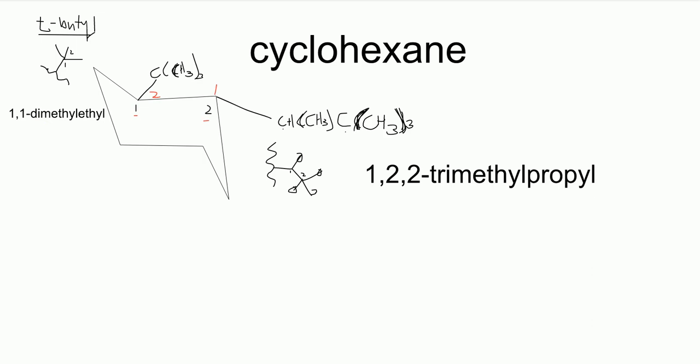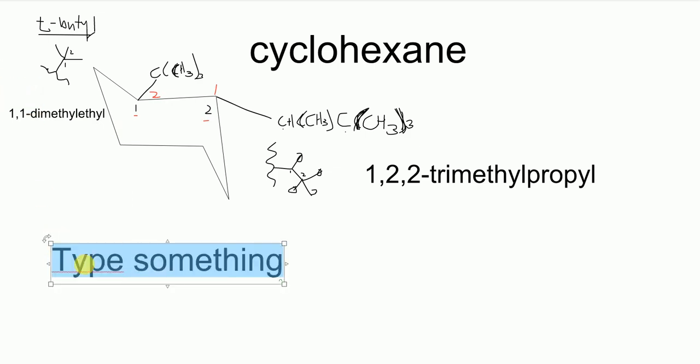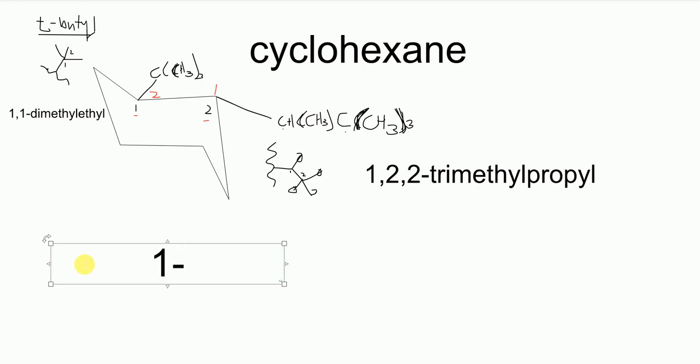So the butyl or whatever the ethyl group is gonna be 1, and this is gonna be 2. So on my name, right? And I'm still missing something, but we'll talk about it. I have 1, and then in parentheses, because this is gonna end up being in parentheses. So 1,1 dimethylethyl.